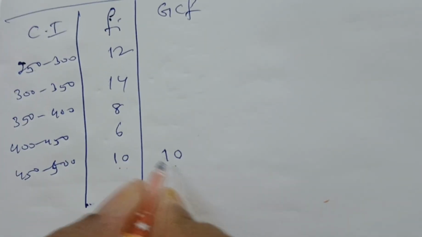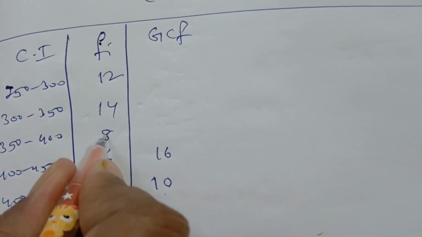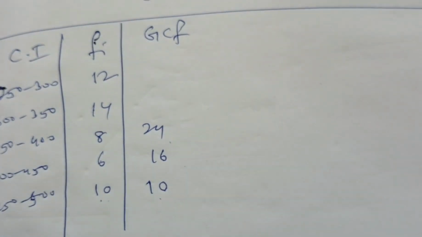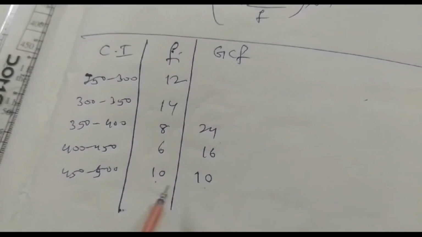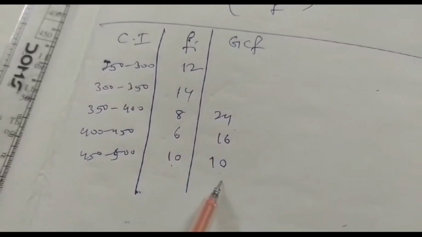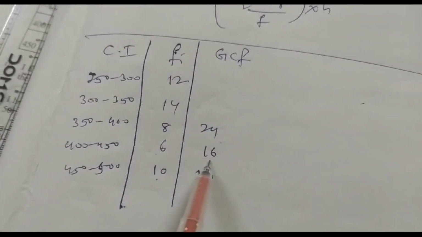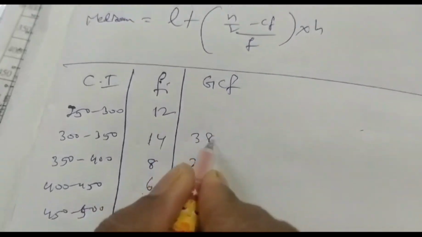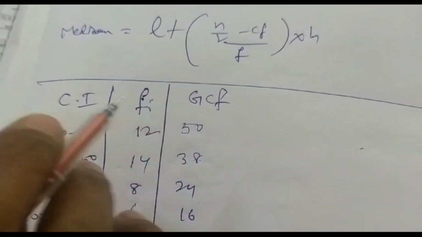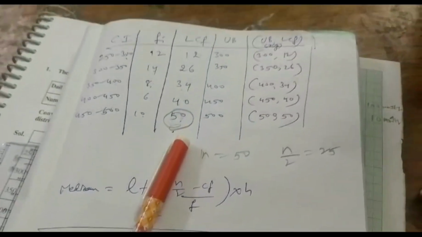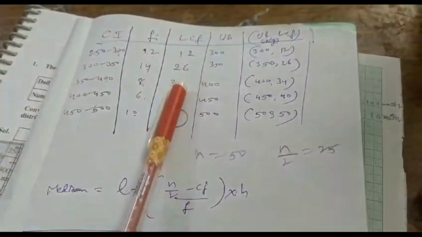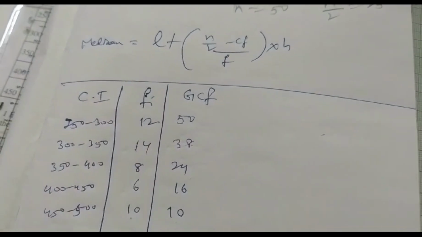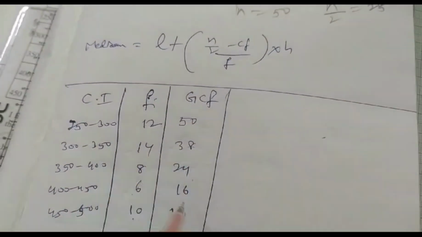So 10, then 10 plus 6 is 16, 16 plus 8 is 24, 24 plus 14 is 38, 38 plus 12 is 50. As you remember, in the first one we got 50 when we did LCF from up to down. In the same way we get 50, but these values differ.